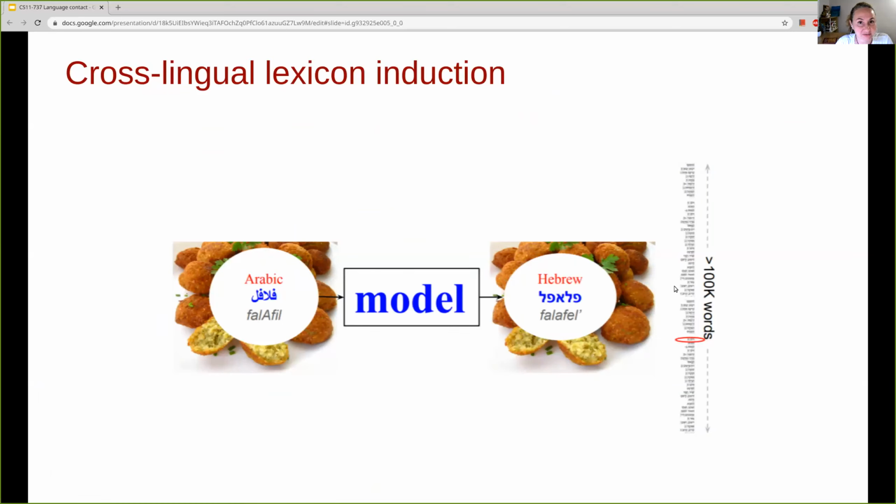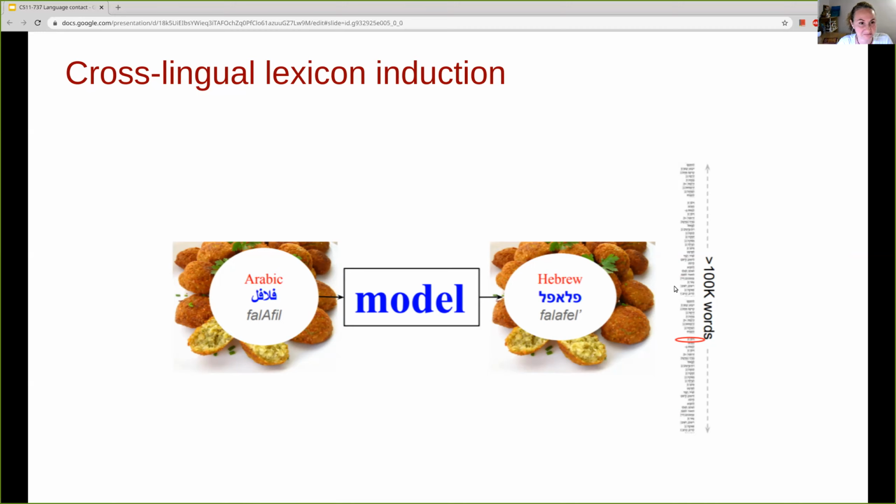So we can treat the problem of cross-lingual lexicon induction as a discriminative or as a classification problem. In this case, we need to identify the translated counterpart in another language in the target vocabulary, given an input word.